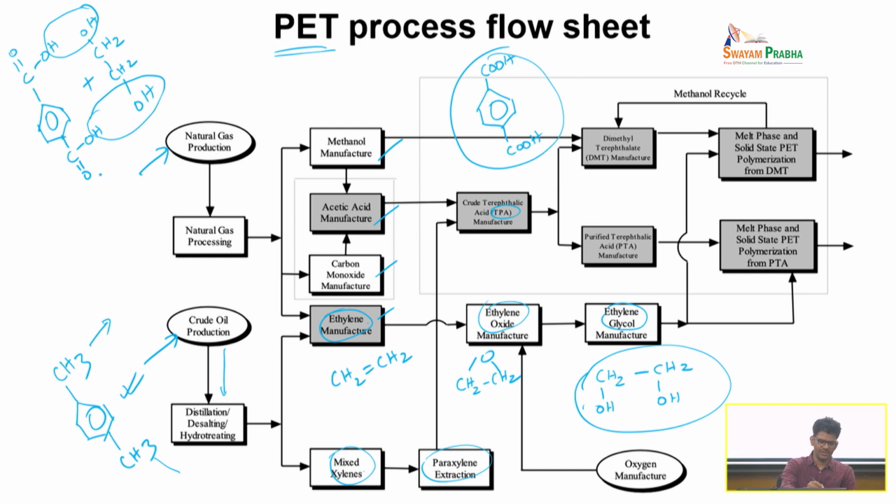Then from here you will produce the polyethylene terephthalate. So it is basically an ester. When you have alcohol and acid condensing, you get an ester. So you can see that this is the polyethylene terephthalate polymer.